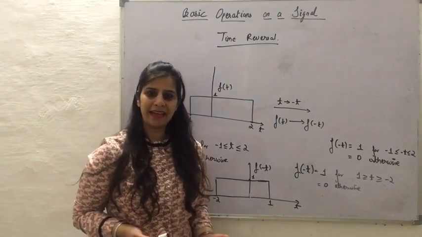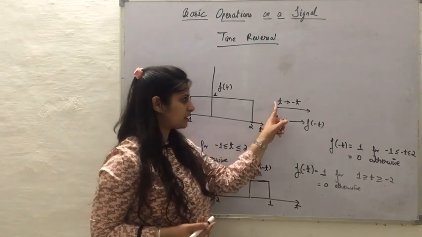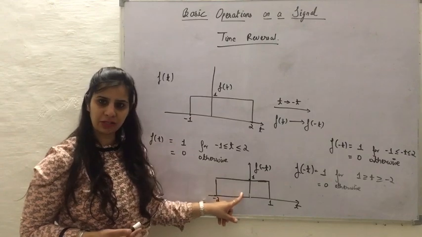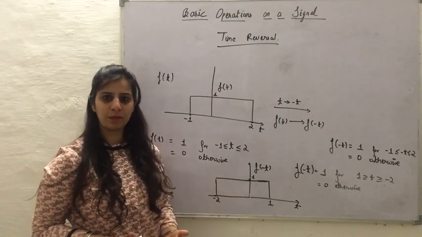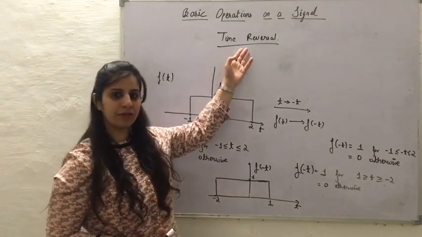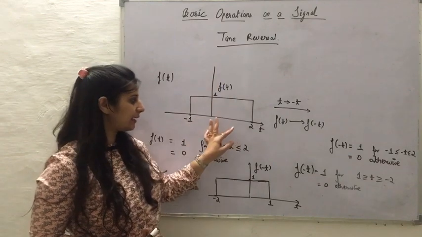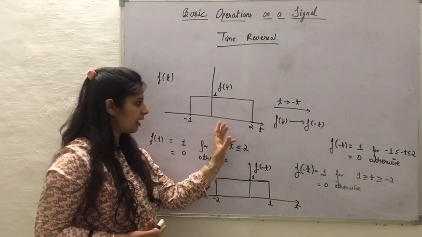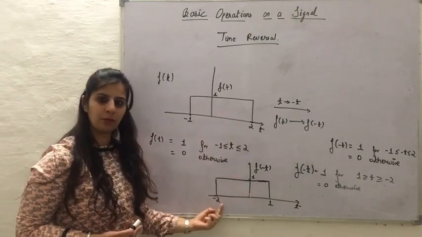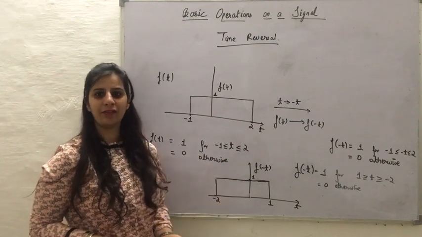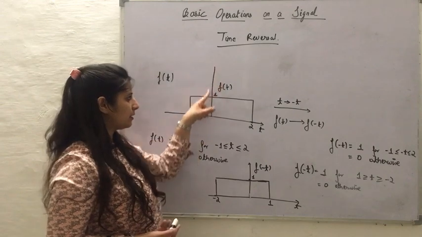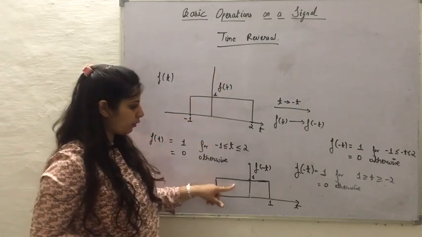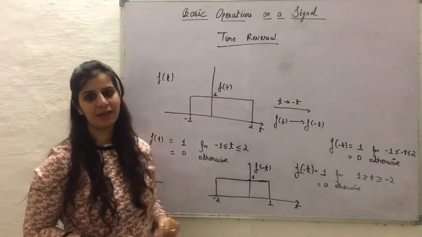When we are applying time reversal, that means when we are changing t to minus t, this is how the signal shape is changing. It can also be observed that when you are applying time reversal, the signal is getting rotated by 180 degrees. So this signal has got rotated by 180 degrees. Or the other way of seeing it is, if you consider this y-axis to be a mirror, a mirror image is formed when you apply time reversal operation.